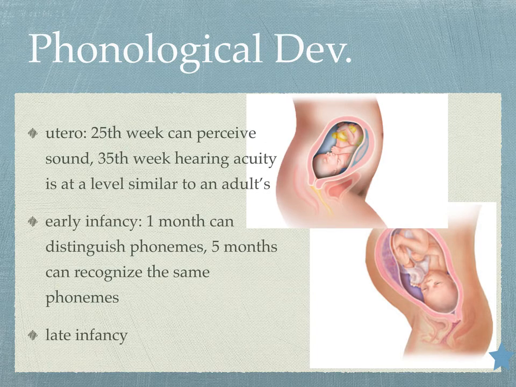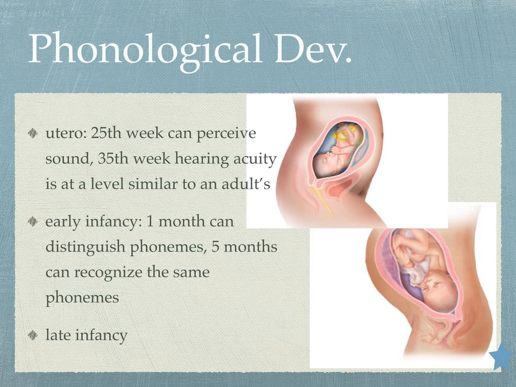You can see that at the 25th week, children can perceive sound, which means if you're talking to them, they can hear that, which also means that if you're singing, they can hear that. If you're reading, they can hear that. If you're arguing, if you are kind of having a traumatic time in your life, they can also hear those sounds.